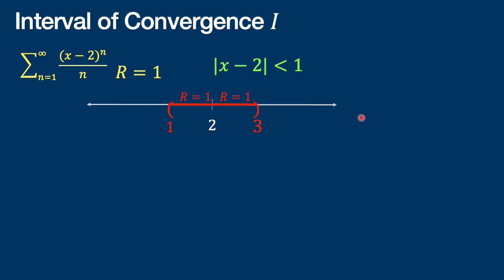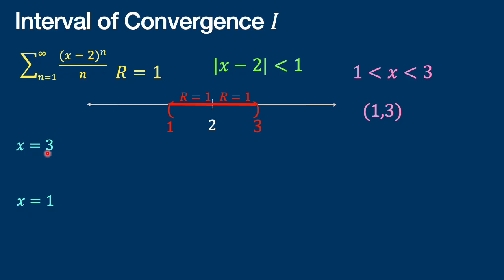So on the interval 1 to 3, this series converges. Another way: for x values between 1 and 3, this series converges. Outside of this interval it diverges, no problem. But the problem is x equals 3 and x equals 1.